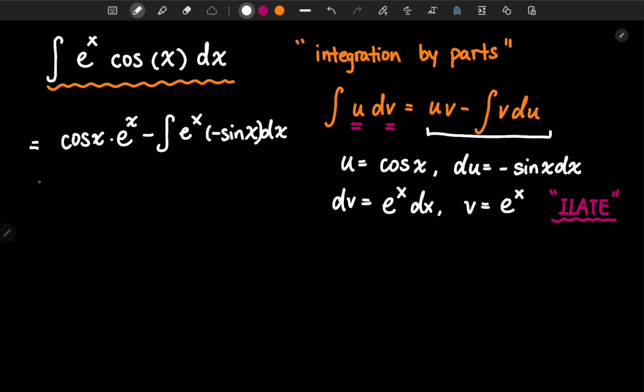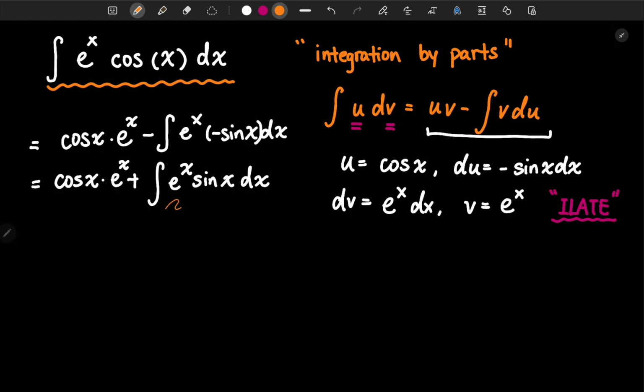Let's simplify it a little bit. We get cosine x times e to the x plus the integral of e to the x sine x dx.